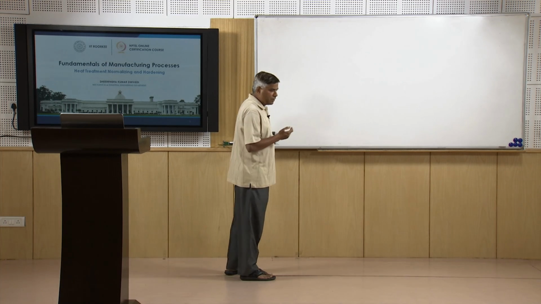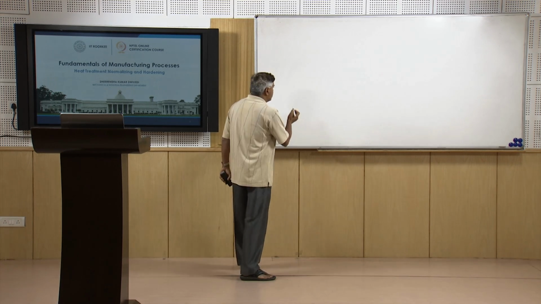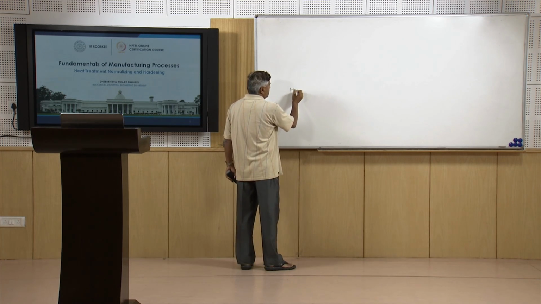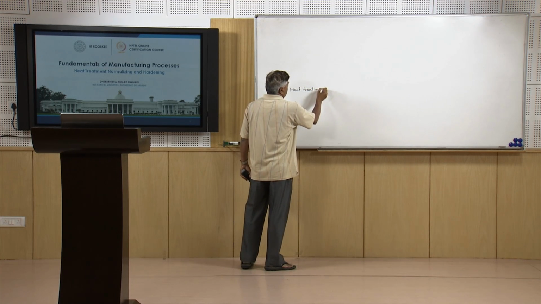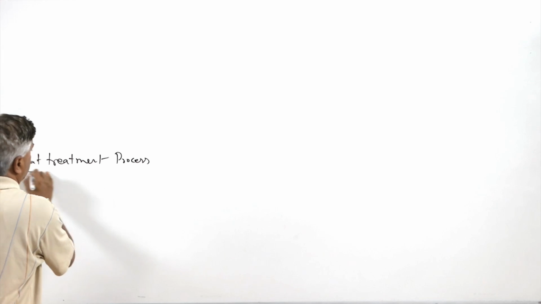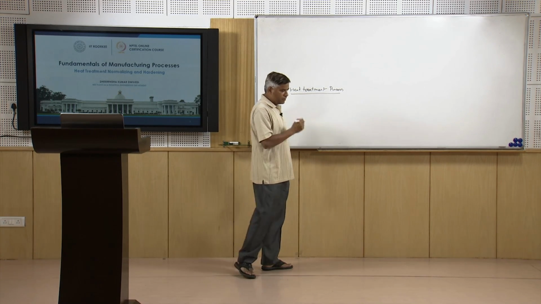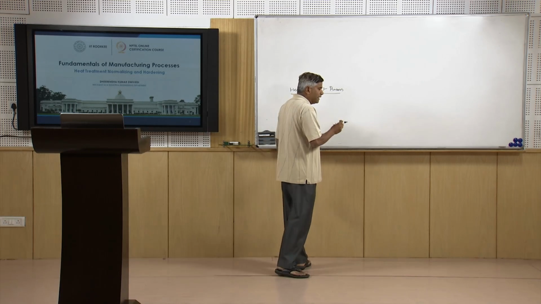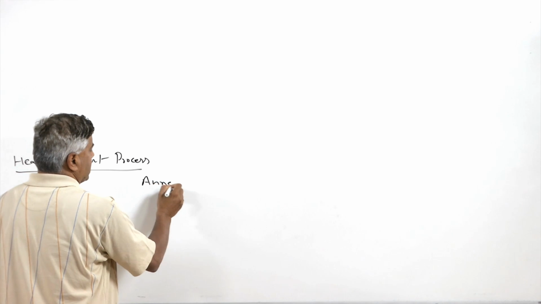Since we are talking about the methods for improving the properties of bulk materials, among these are the heat treatment processes, and in the last few lectures we have talked about the fundamentals associated with heat treatment processes, and also the full annealing process, or you can say the annealing process.